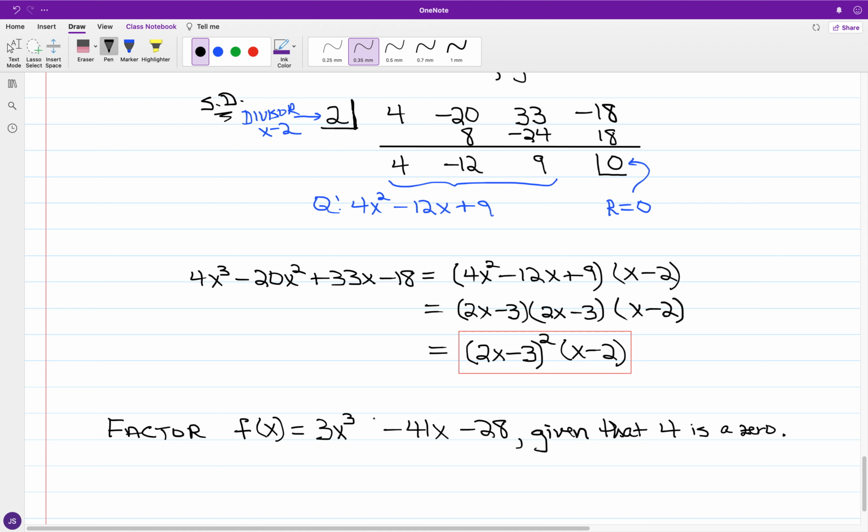So for the next few moments, let's see what we get in factoring 3x cubed minus 41x minus 28 on the basis that 4 is a 0.